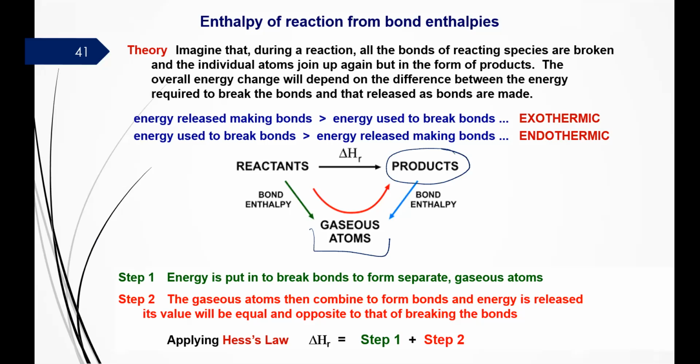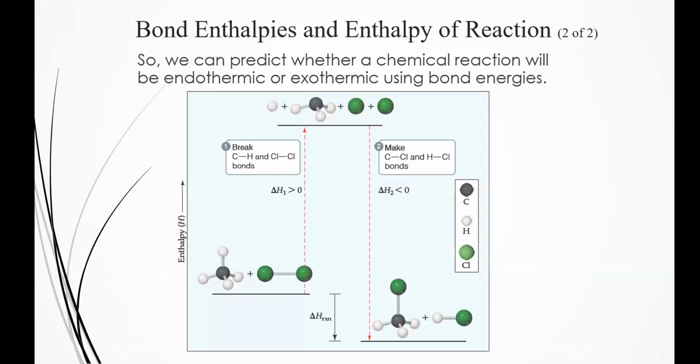And so that overall energy change is going to be related to the difference in those energies of those bonds. So step one is that we have to go ahead and break the bonds to form all of our different atoms. And then step two is we're going to reform those bonds to make our products. So kind of like this.